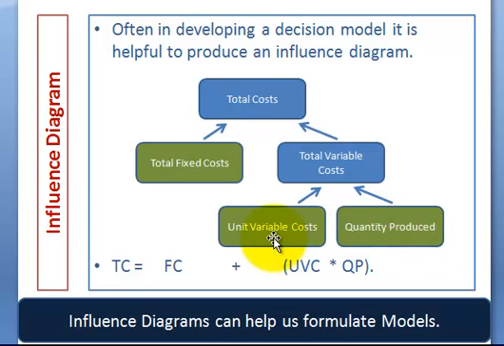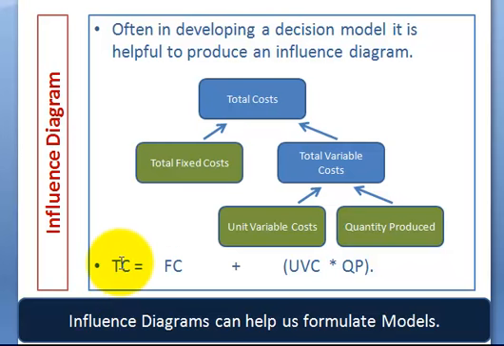So let's say I'm making a hot dog stand and each hot dog costs me $1 and I make 100 of them. That's 1 times 100 is $100 it's going to cost me. And then my fixed cost might be the rent of the stand, $25. I pay $25 irrespective of how many I produce or sell. So it would be 1 times 100 would give me 100 plus my 25. My total cost would be 125.